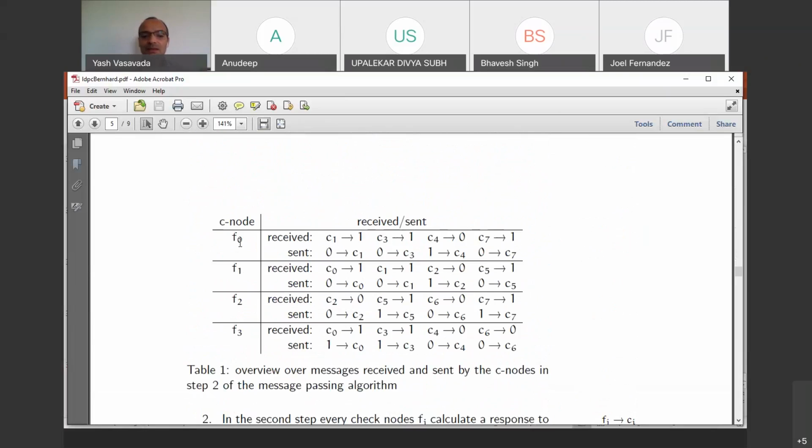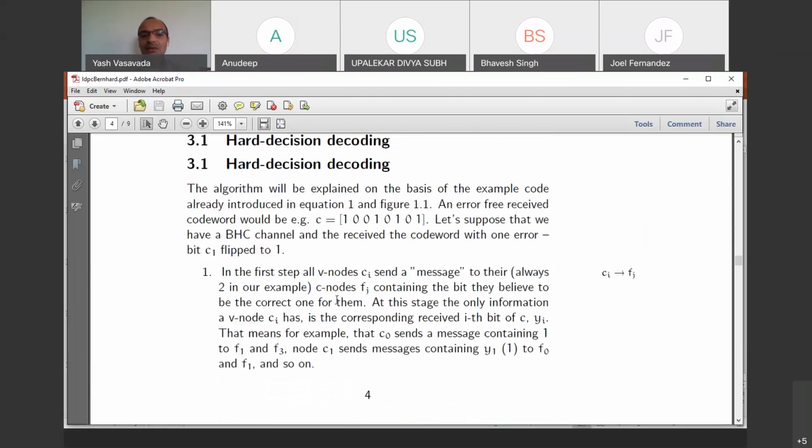Basically, first how each check node receives messages and what type of messages it will send, and then how each variable node receives messages and what type of messages it will send. The idea is that in the hard decision decoding, okay, let me ask you this. What will be their algorithm at the check node?